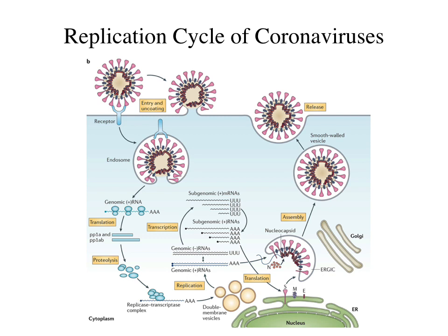This figure shows you the complete replication cycle of the coronaviruses. The life cycle begins when the S protein binds to the appropriate cellular receptor. After receptor binding, the conformational change in the S protein facilitates viral envelope fusion with the cell membrane through the endosomal pathway. Then the virus releases RNA into the host cell.